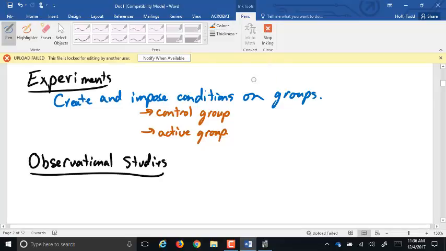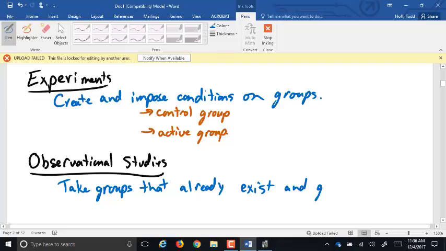An observational study is take groups that already exist and gather data from them.